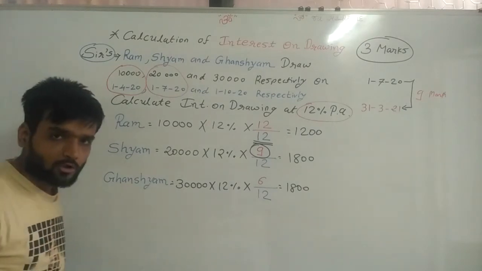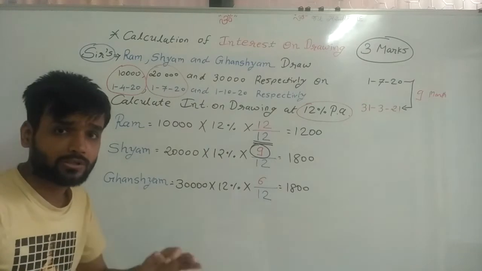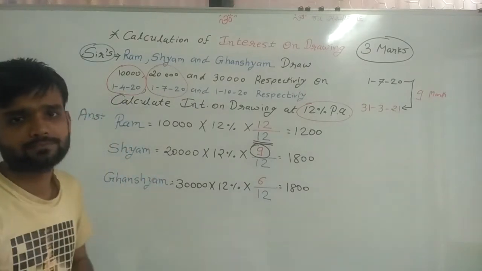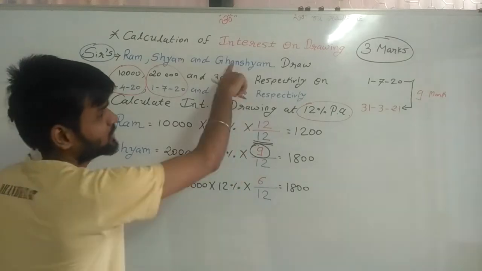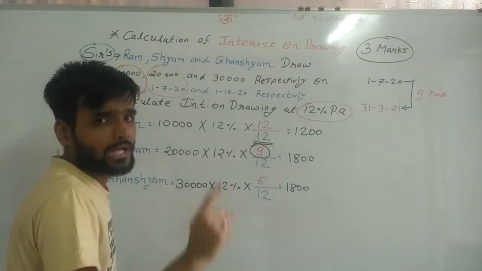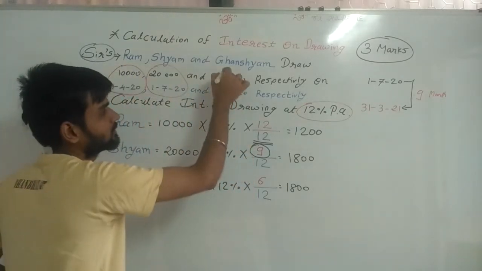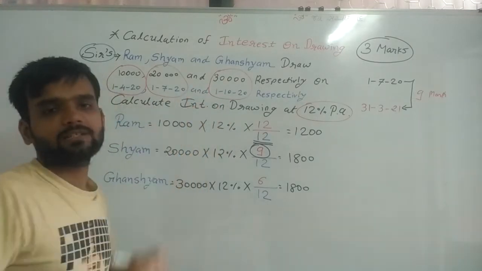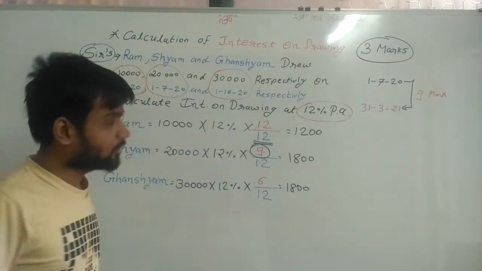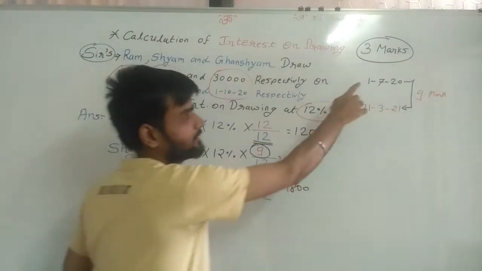Now for the third partner also we need to calculate interest on drawing. So for the third partner, Ghanshyam had withdrawn 30,000 rupees on 1/10/20. Now from 1/10/20 up to year end, again we need to calculate.